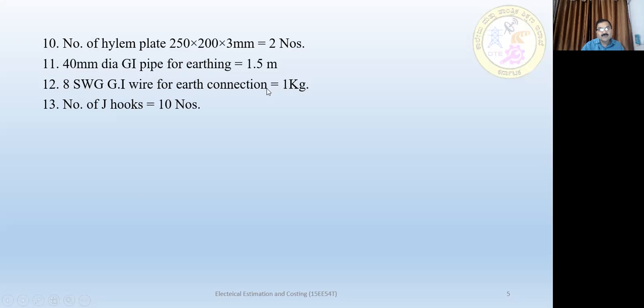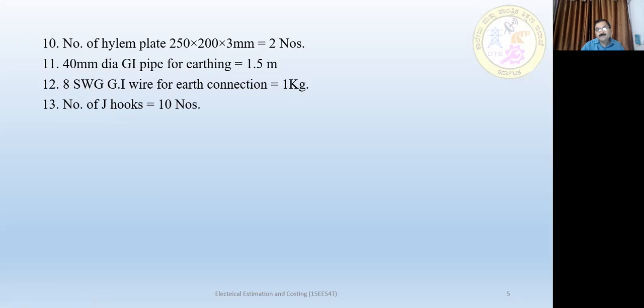So we need this wire and J hooks. These are required to fix the PVC pipe on the wall. So grooves are made on the wall. I have shown the diagram in the first session.